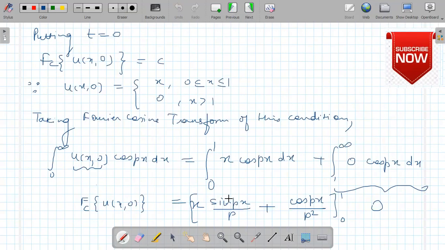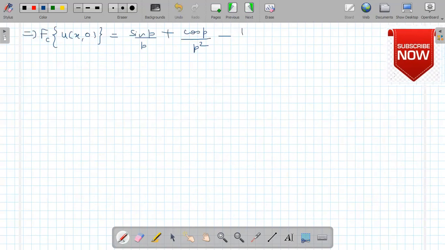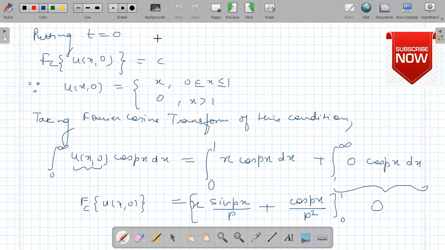At lower limit this will be 0 and this will be minus 1 upon p square. So we have sine p over p, sorry, plus cos p minus 1 over p square. So we come to this condition.